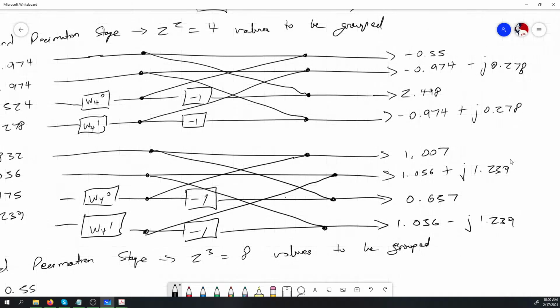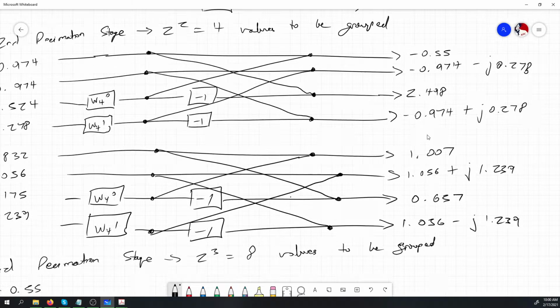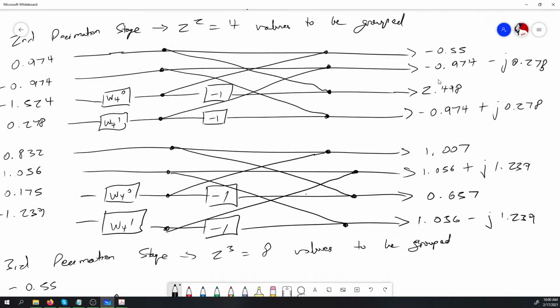So a good indicator to know if you're on the right track when you hit the second decimation stage here is that these two values here, being the first and third value, will be unique in nature. Same thing here for the next group in here. But the second and fourth values here and the sixth and eighth values here will be where the imaginary terms have different signs, and they will have the same magnitudes for the real and imaginary parts.